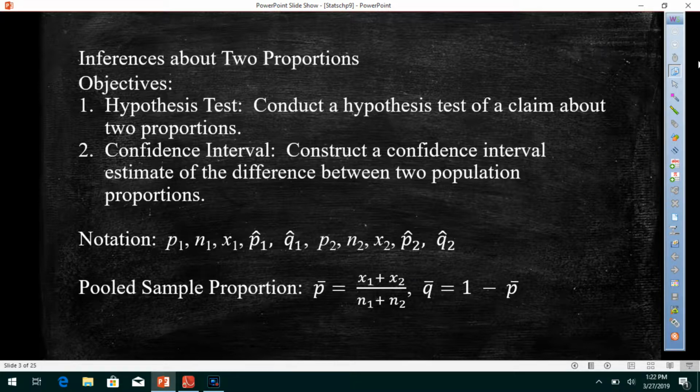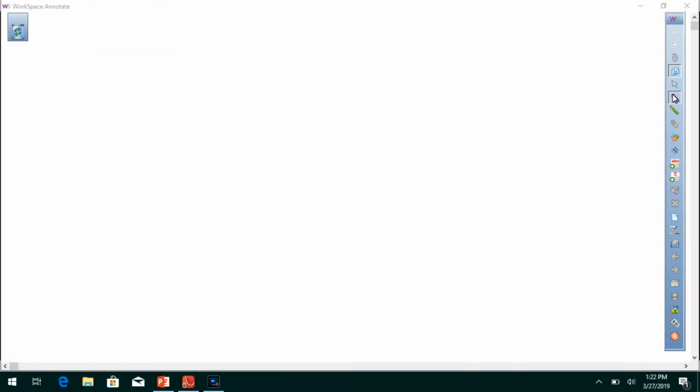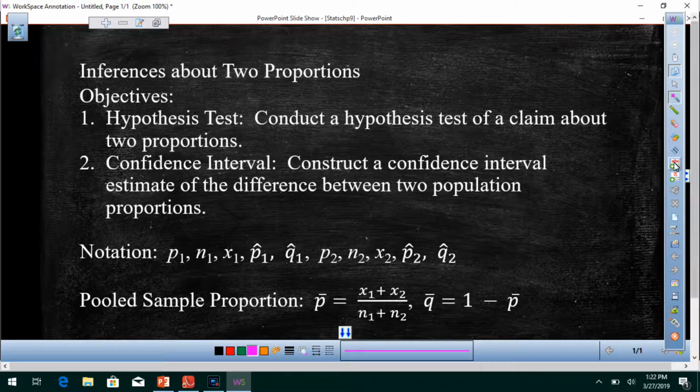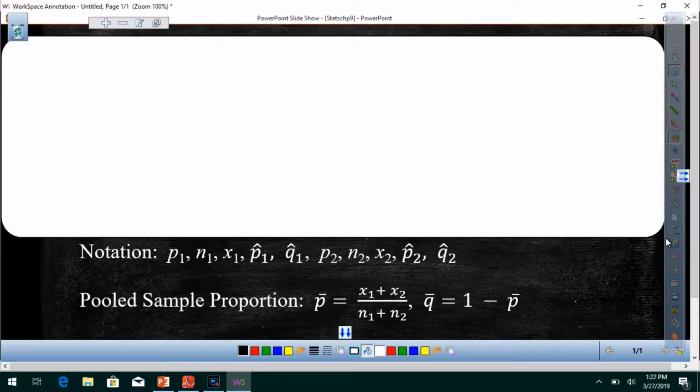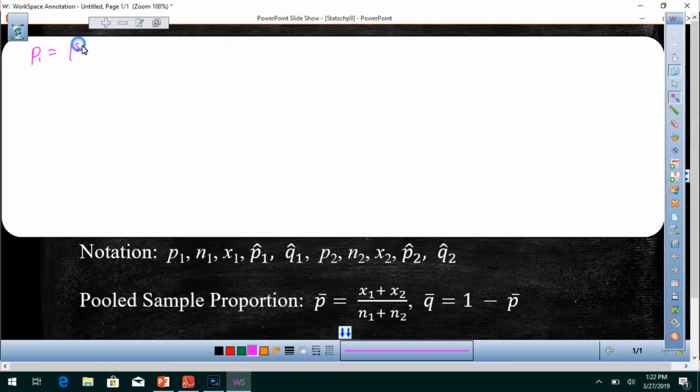Now we have several new notation things here, and let's see if we can describe them. All right. So P sub 1 will be the first population proportion.